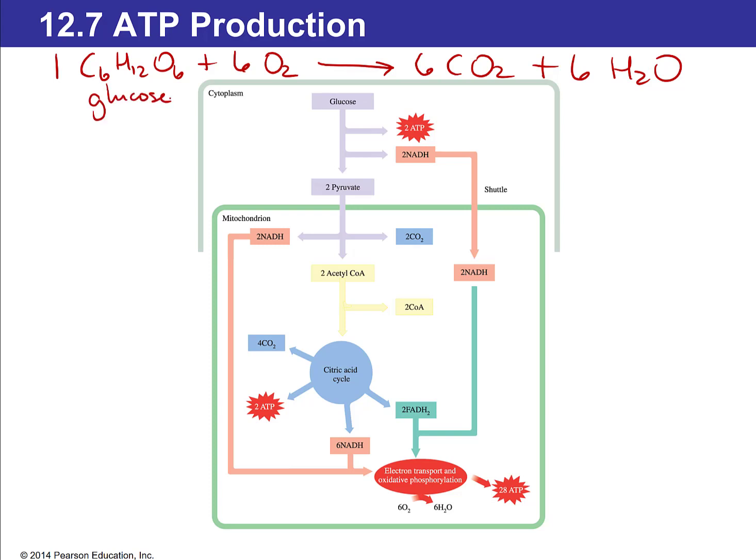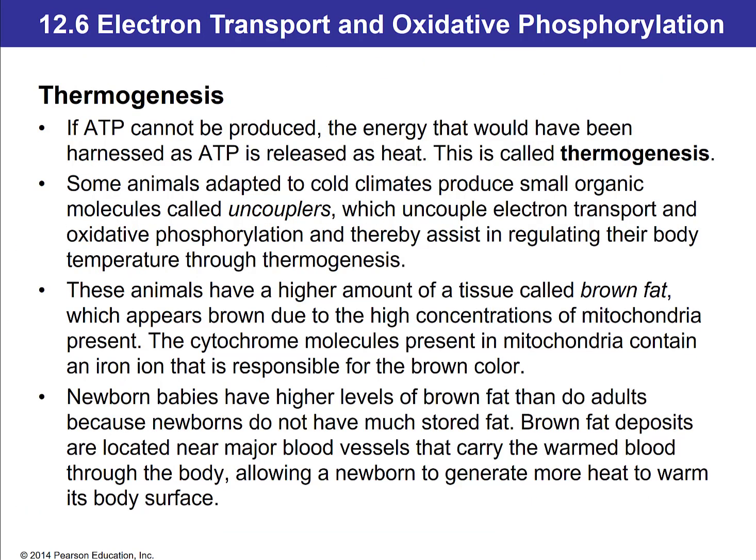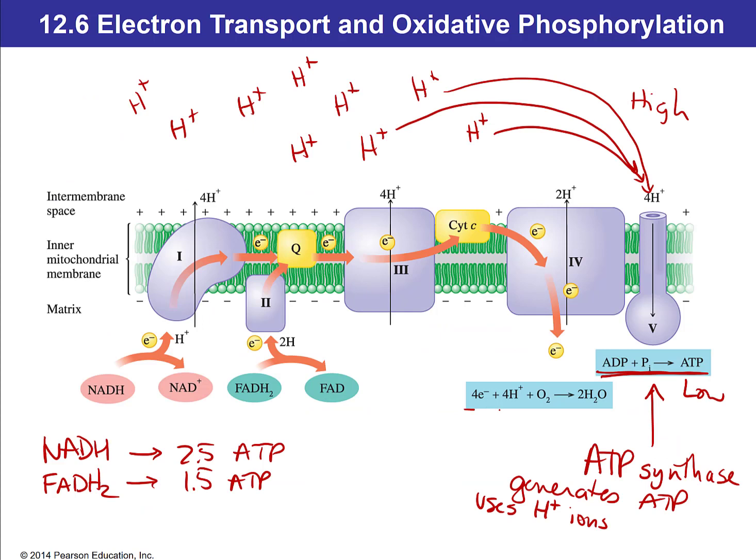We need oxygen. So the oxygen comes into play, and I didn't actually show it to you. The oxygen comes into play at the very end of electron transport. So the oxygen combines with the hydrogens. The electrons and their hydrogen ions reform back into hydrogens, and that's where they go. So this is why it's aerobic.